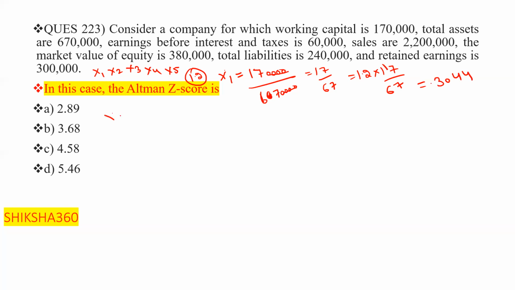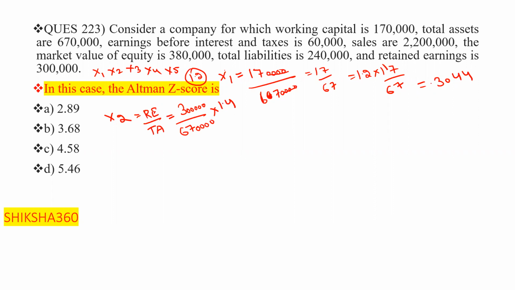Second one, x2. What is the value of x2? X2 is retained earning upon total asset. So retained earning, they have given, is 3 lakh, upon 6,70,000, into 1.4.